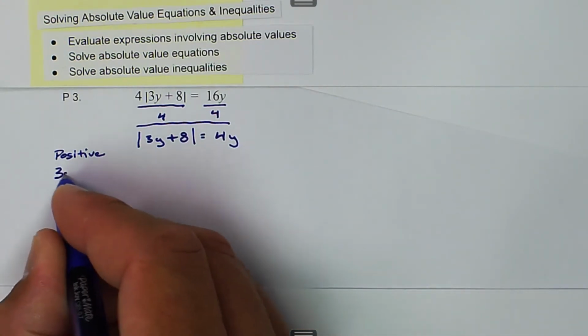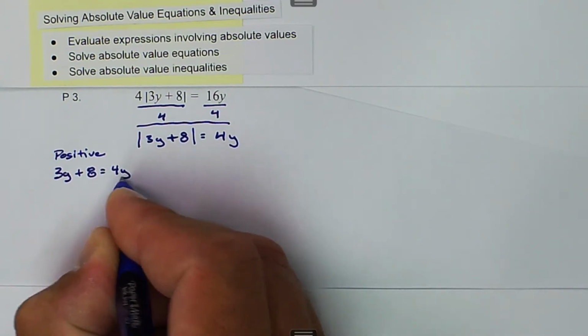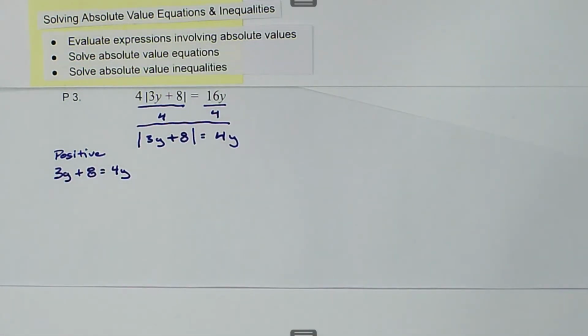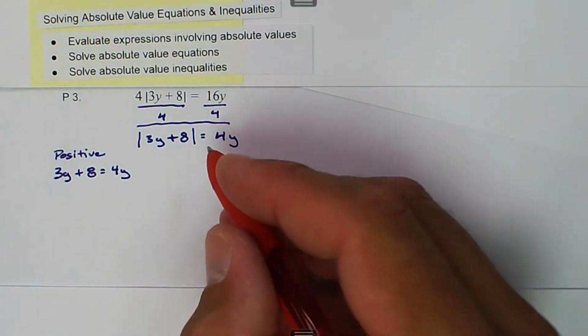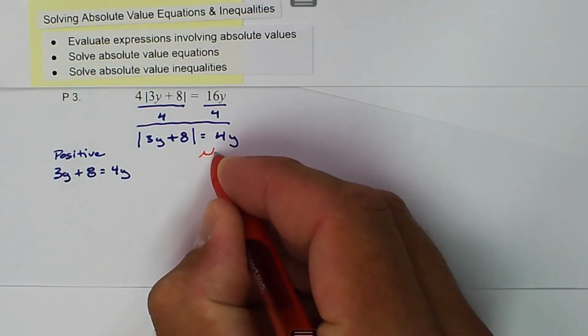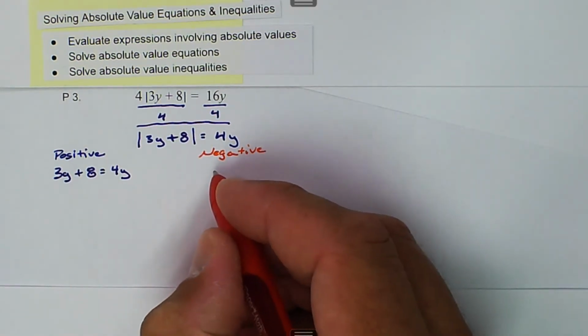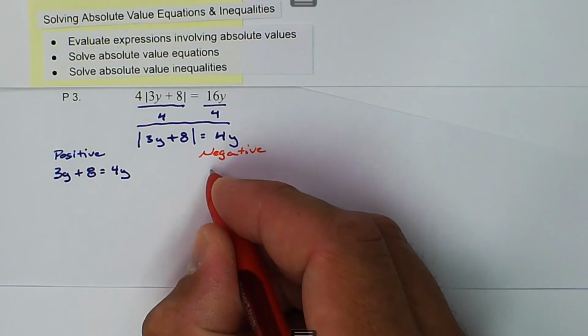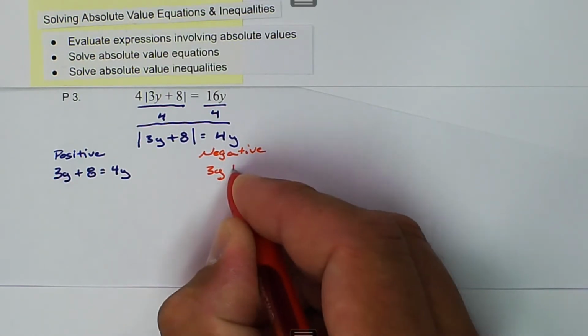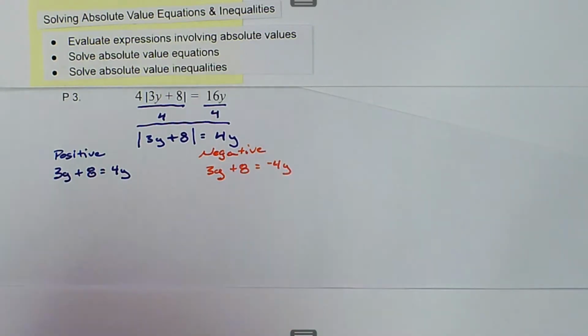So we have 3y plus 8 is equal to 4y. And then we also have to solve for when the solution inside the absolute value could be negative. So in that case, then we have 3y plus 8 is equal to negative 4y.